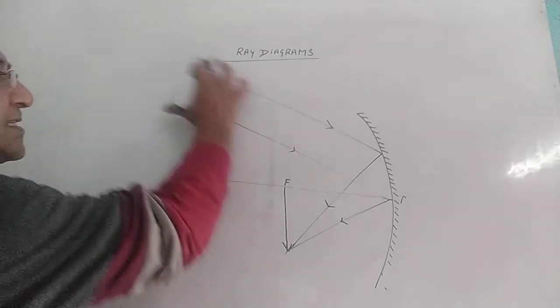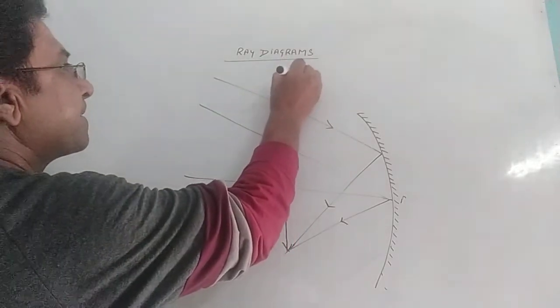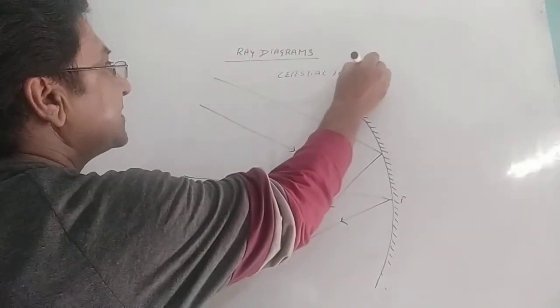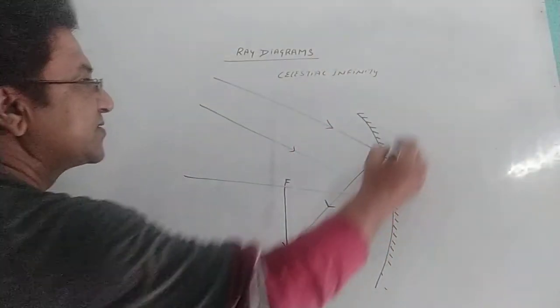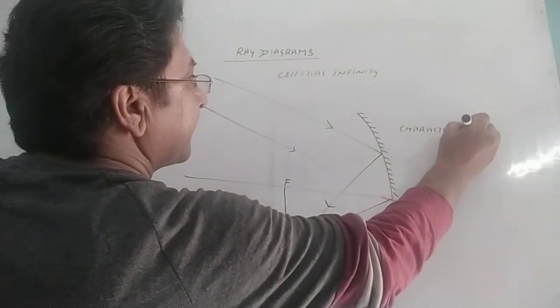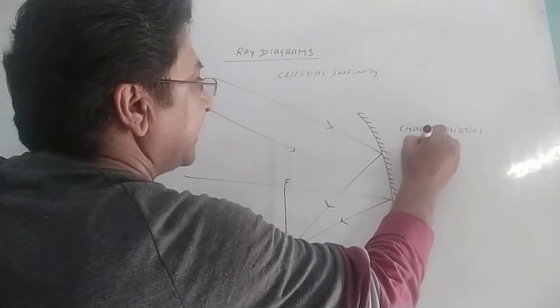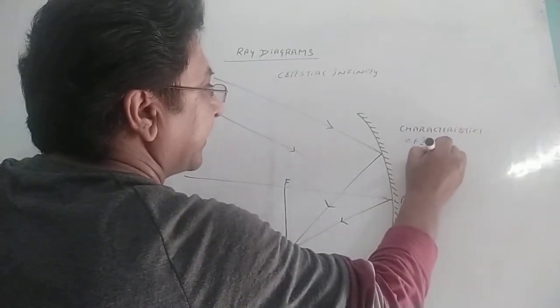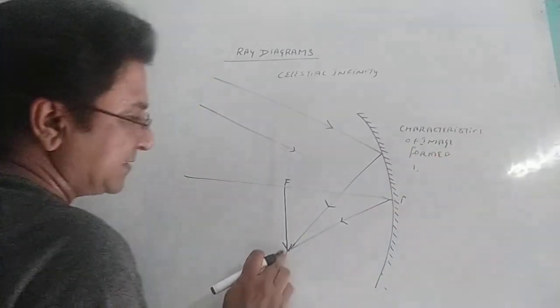So again, this is a celestial infinity. When the object is at celestial infinity, characteristics of image formed. Number one, is it real?